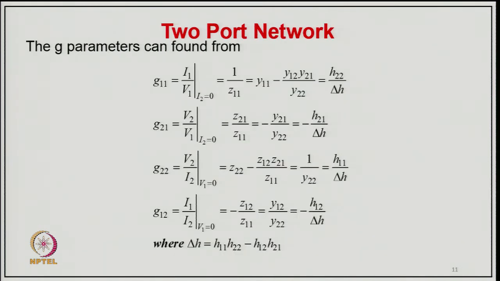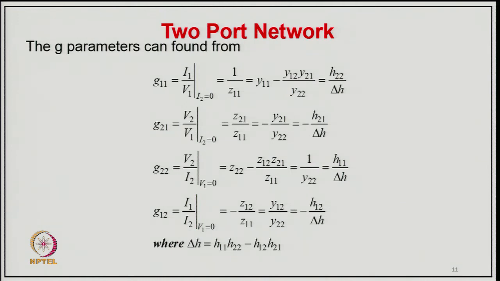So, the G parameters can be found as follows: G11 equals I1 upon V1, where I2 equals 0, meaning the second port is open circuited, that is why the current is not in this, but of course there will be a voltage induced, and that will be equal to 1 upon Z11.